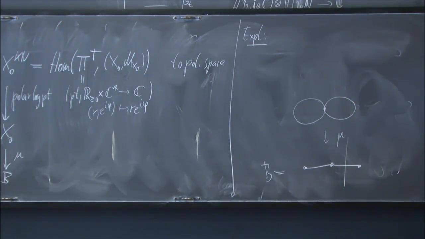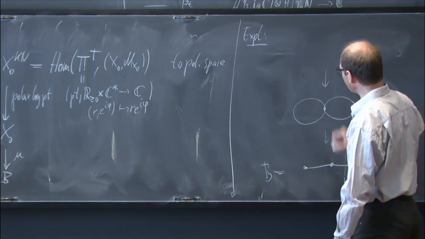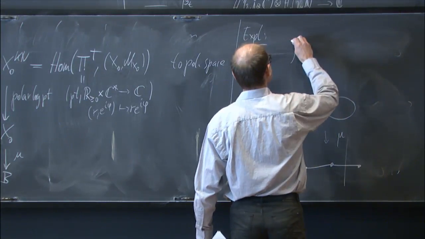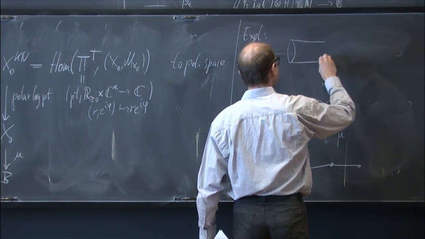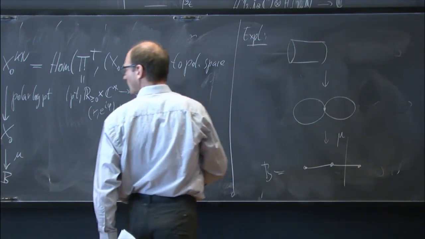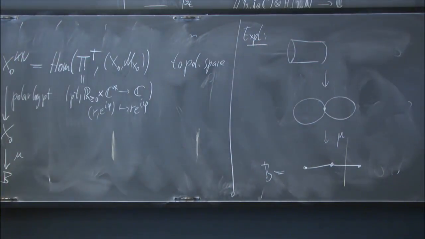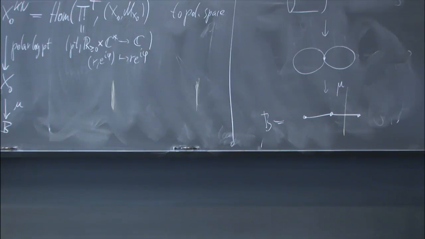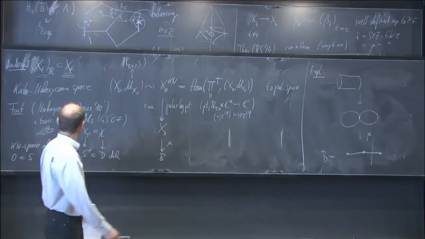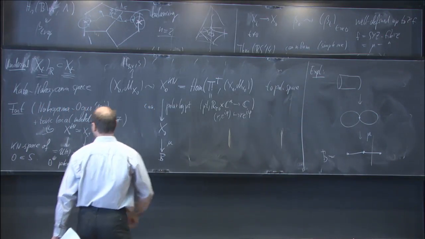And then what does the Kato-Nakayama space do? Well, the Kato-Nakayama space is actually functorial. So I should say the following. In drawing pictures, I will often fix here a phase. So I take the fiber of the Kato-Nakayama space for a phase.